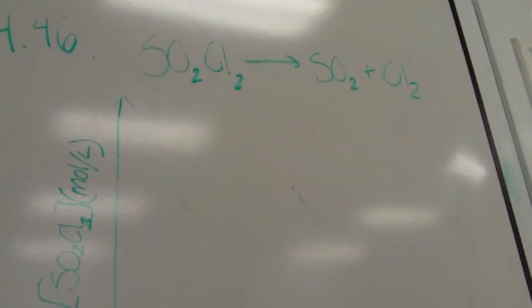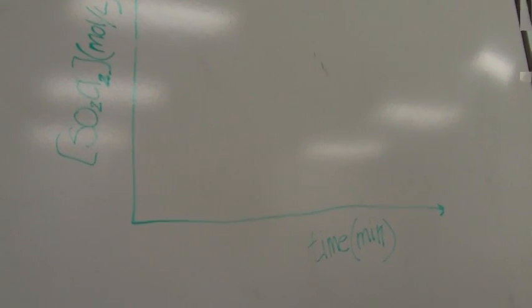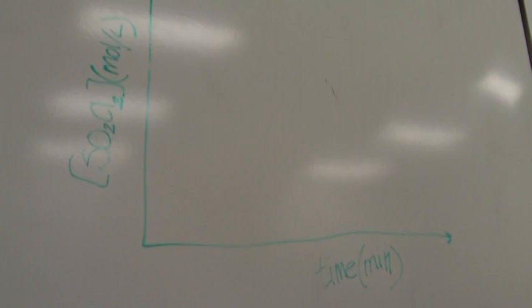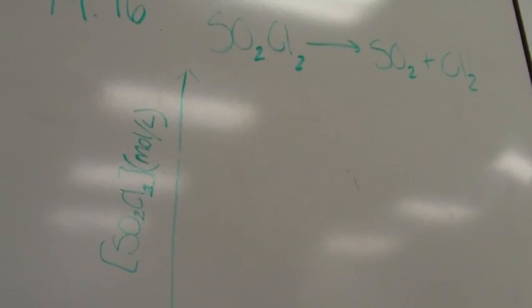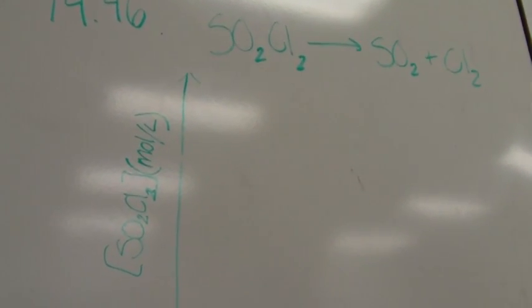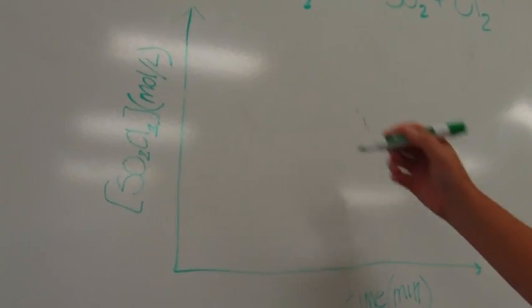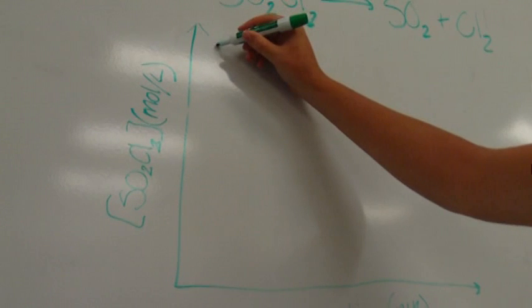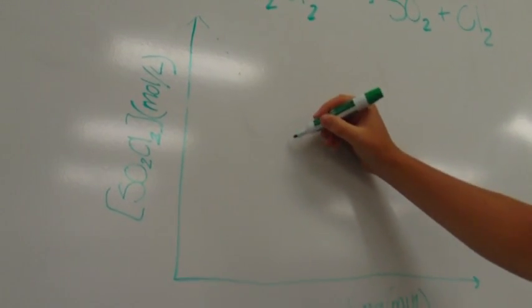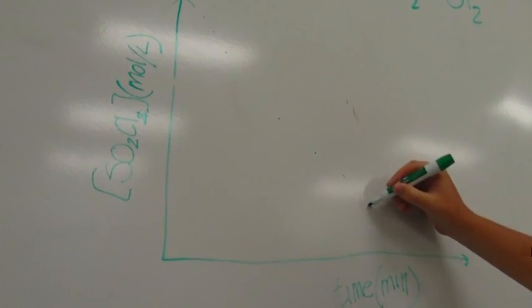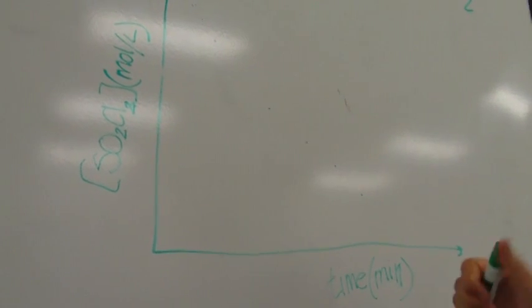All right, and then basically what they do is they just plot the data points given in the book, and so it's going to look something like this. For specific details, you can refer to the back of the book, but essentially that's what it's going to be.